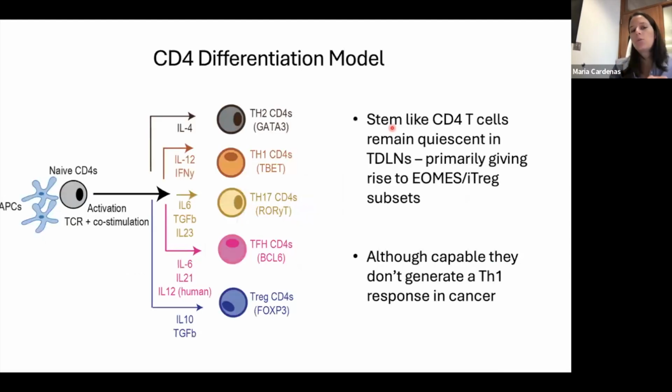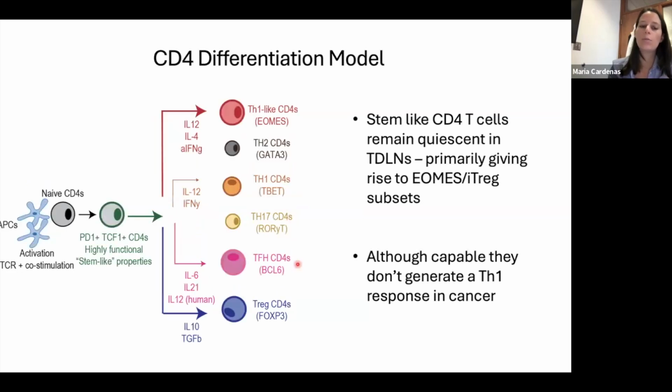And so if we come back to our model from the beginning, where I said CD4s are really heterogeneous and normally choose, in response to a pathogen, a certain effector program, this is in fact not really the case in cancer. It looks a little bit more like this.